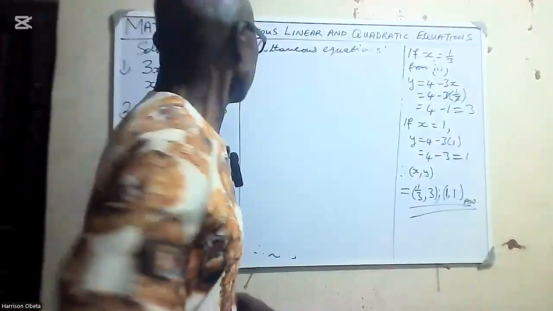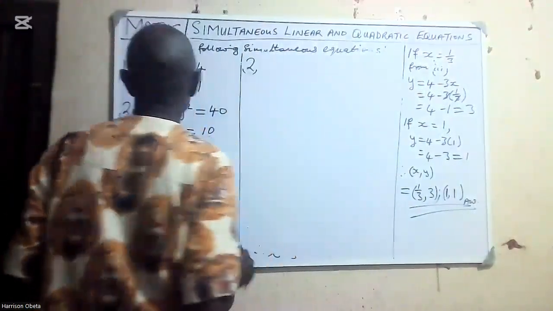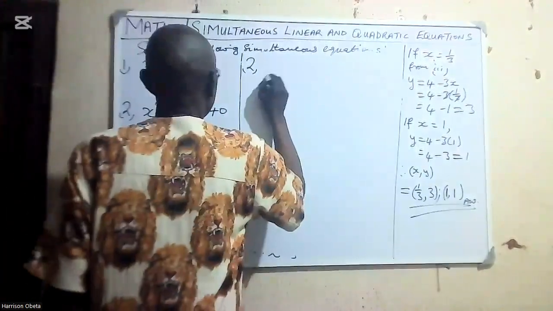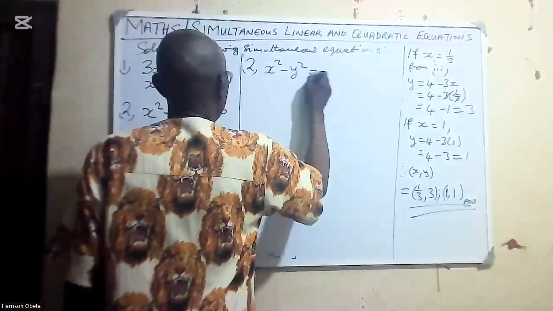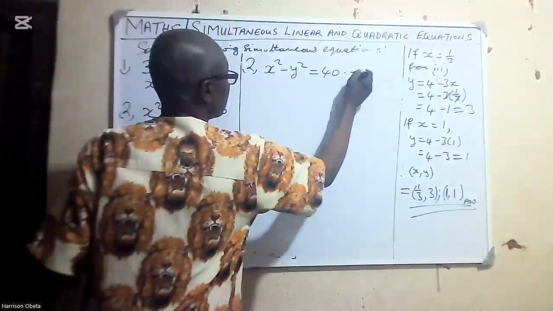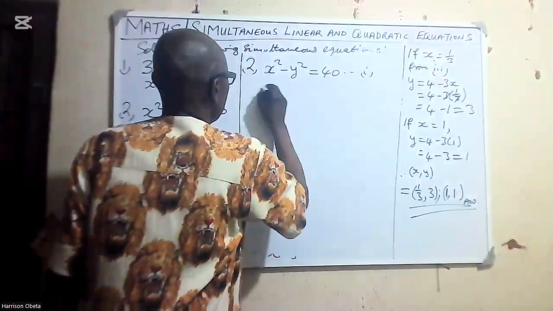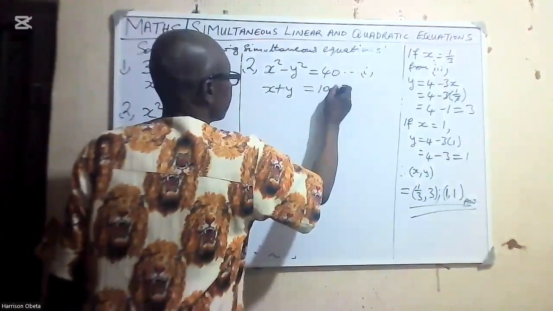In order to continue, we have number 2 now. And then we have x squared minus y squared equal to 40. And again, this is equation 1. x plus y equal to 10.